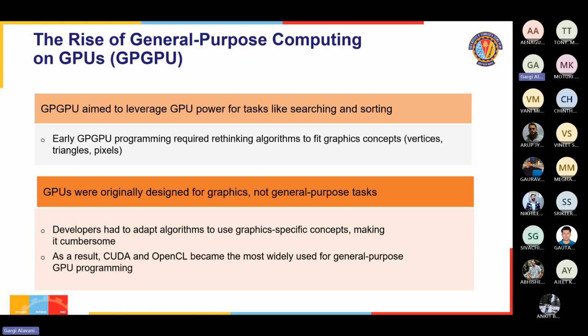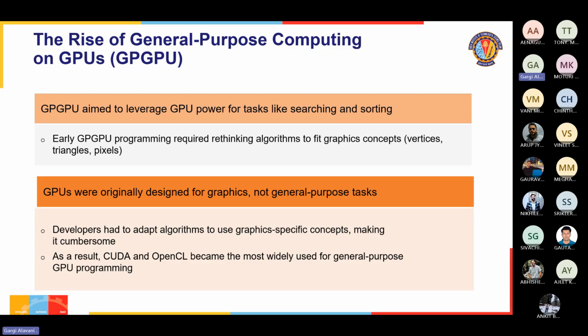Developers have to adapt or redesign these algorithms such that they use some graphics specific concepts, and then they are made efficient and able to give the throughput. But this task is a bit cumbersome. It's not that straightforward. You have to rethink what you have at hand, what resources you have, and how you design your program so that it uses all these resources and is able to produce the output in a very efficient manner.